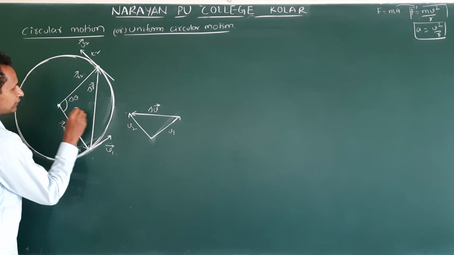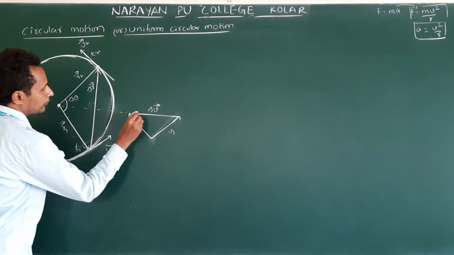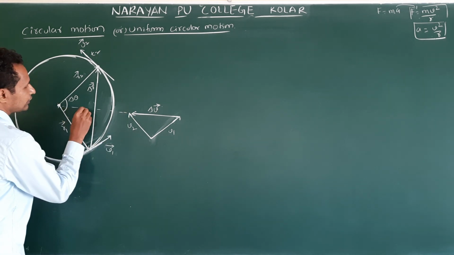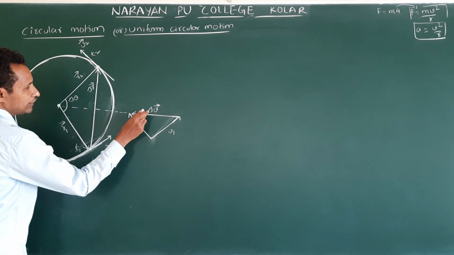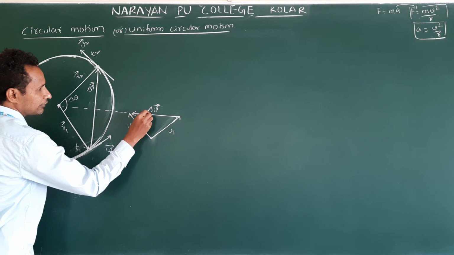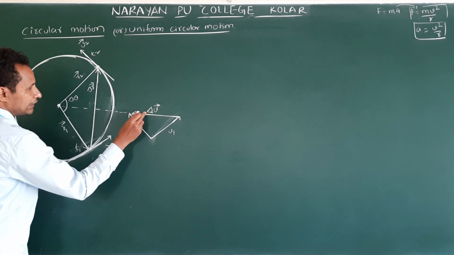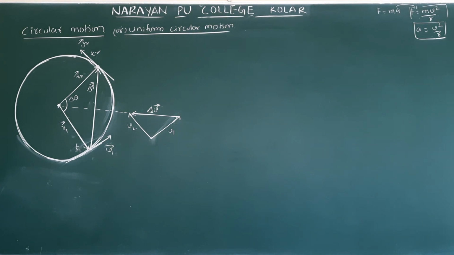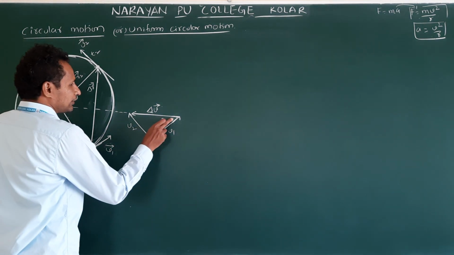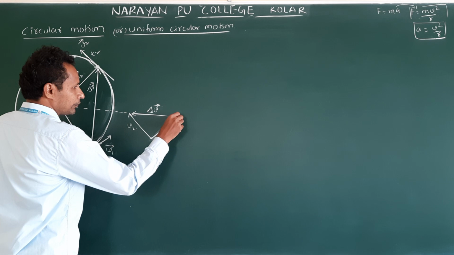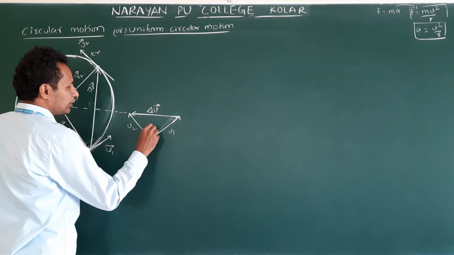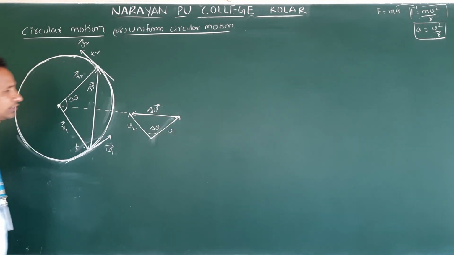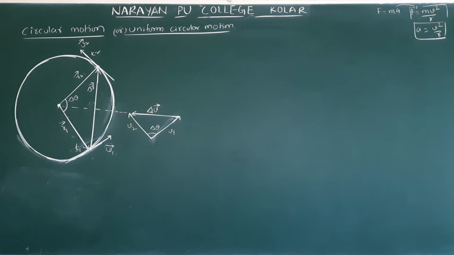If you draw where it is acting, delta V, the change in velocity, acts towards the center. Since we slide the vectors parallelly, this angle will also be delta theta.